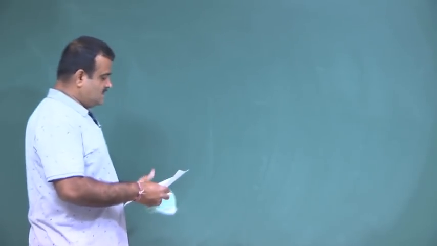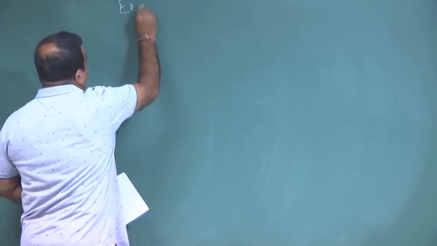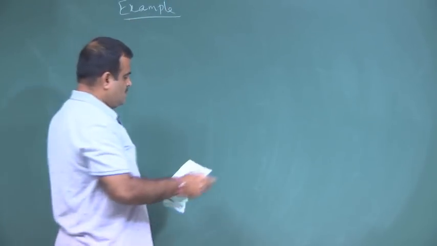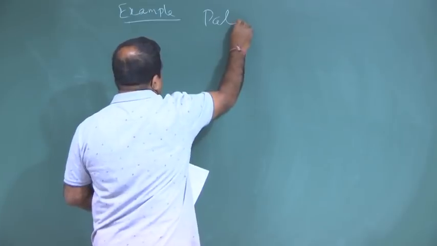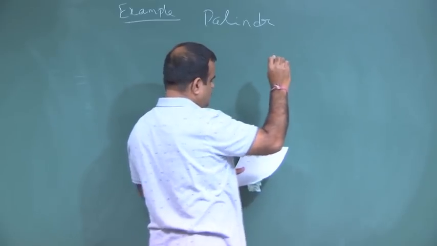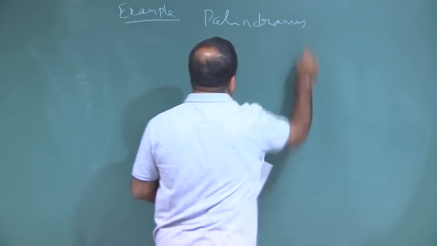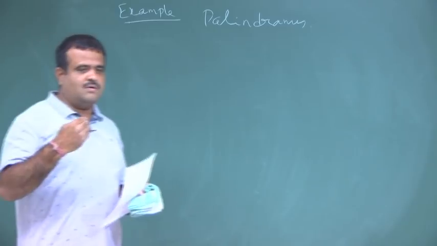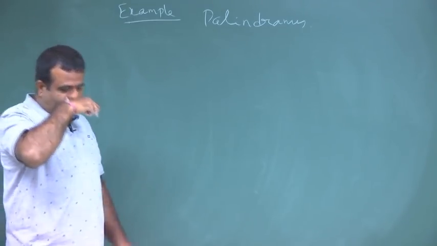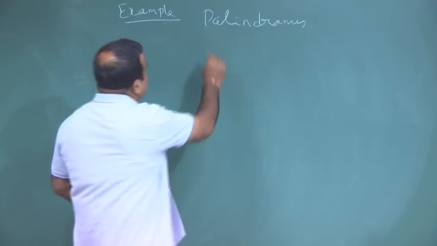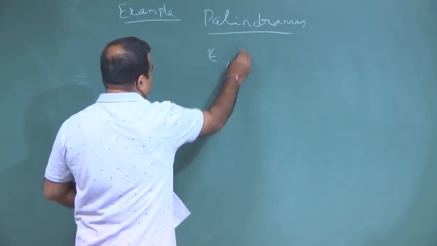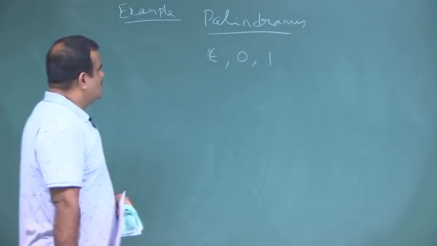So, let us take another example, palindrome strings. Palindrome means that if we read it in reverse, it is the same as the forward string, like the strings 1, epsilon, 0, 1; these are all palindromes.